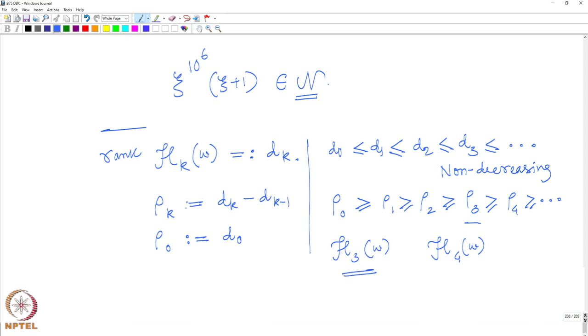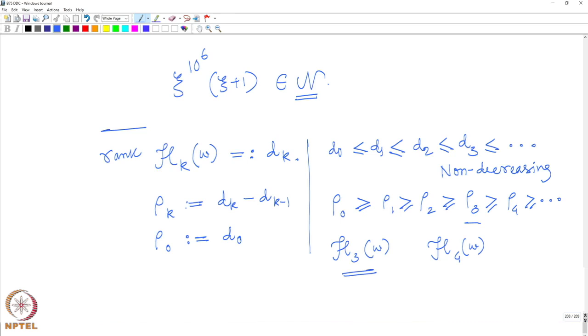Rho 3 tells us how much was the increment in the rank of h3 from the rank of h2. Remember, when we go from h2 to h3, we add q new rows. Among these new rows there will possibly be some new dependencies, so the increment will be some number not more than q. That is rho 3, the number by which the rank increases from h2 to h3.